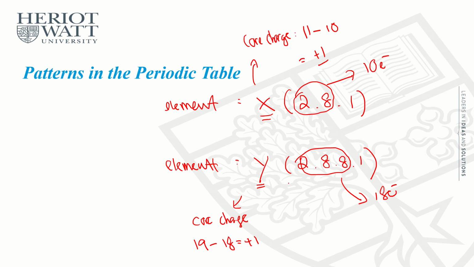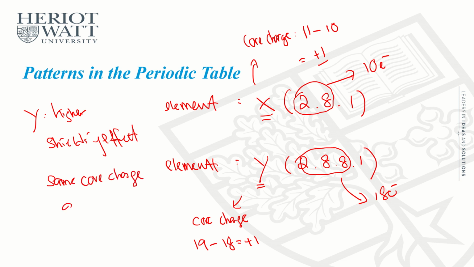Element Y. So in conclusion, Y has a higher shielding effect and the same core charge as X. So which one do you think has a larger radius? Yes, the answer is Y.